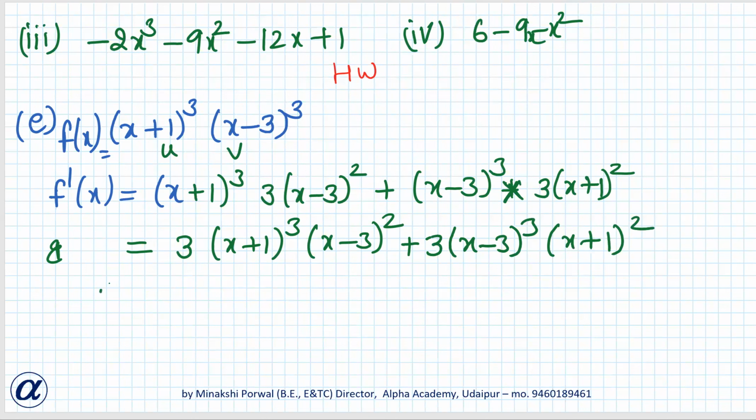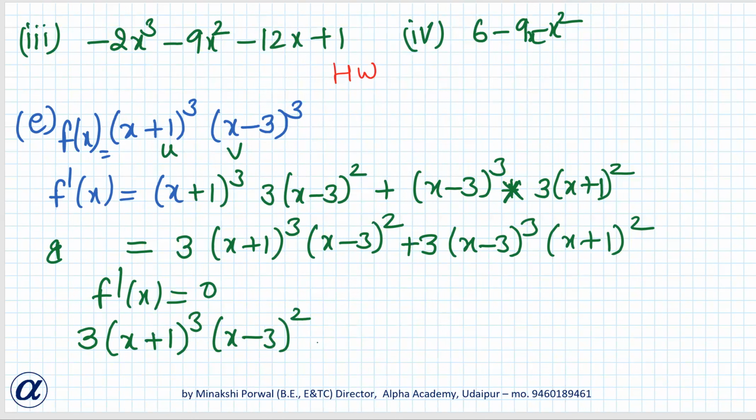Okay, f dash x equals 0. So when we put this equal to 0, it will be 3 into x plus 1 the whole cube, x minus 3 the whole square, plus x minus 3 the whole cube, x plus 1 the whole square.